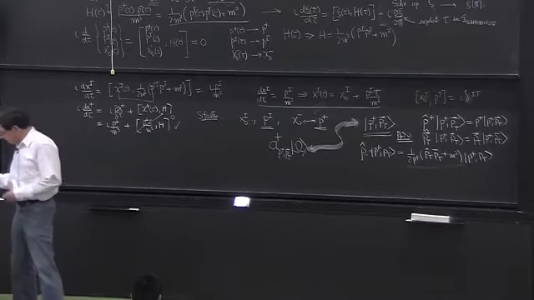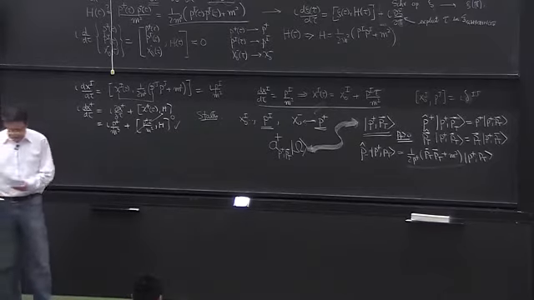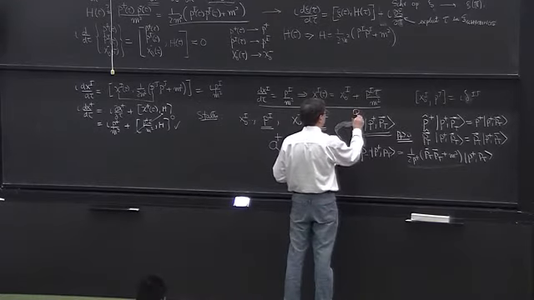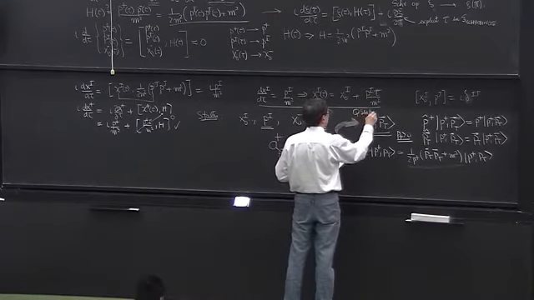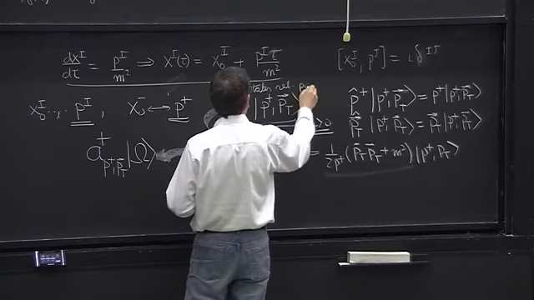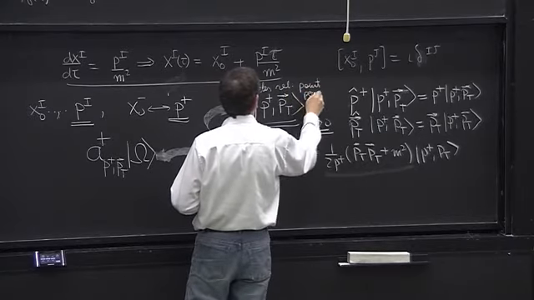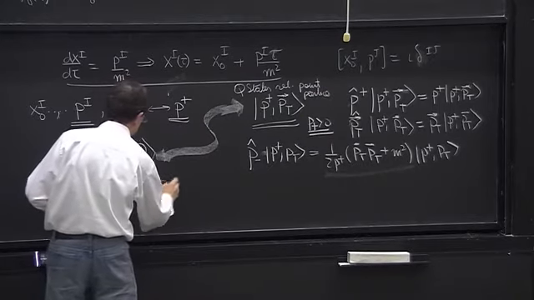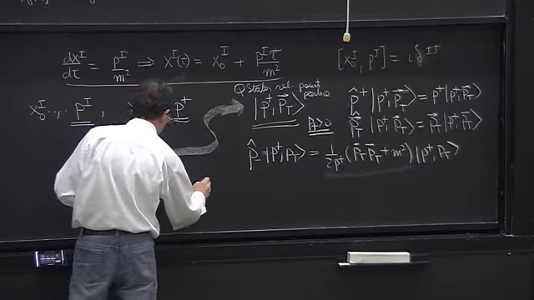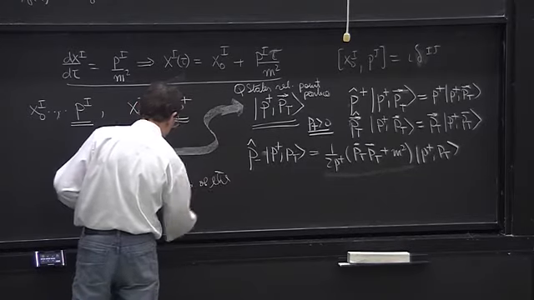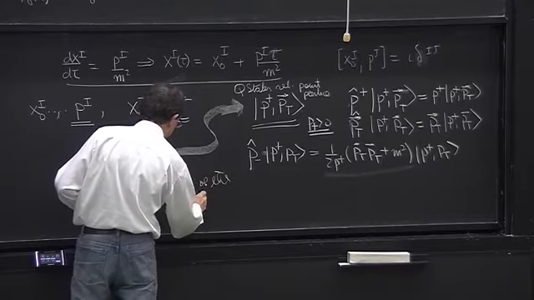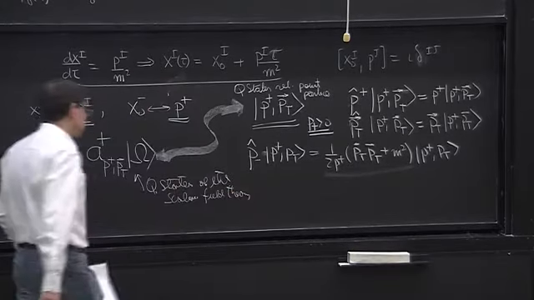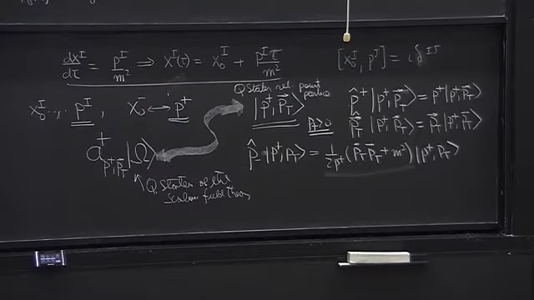So this is a pretty remarkable result. These are the quantum states of the relativistic point particle, and these are the quantum states of the scalar field theory. But they represent the same physics.